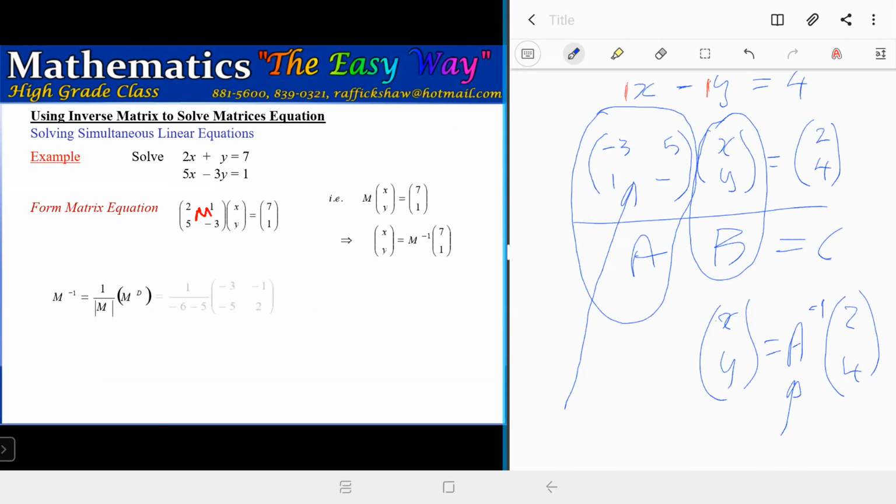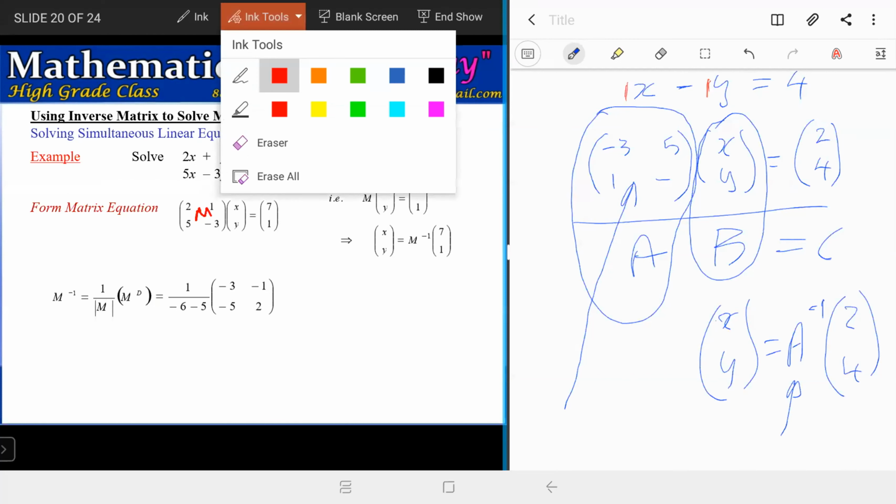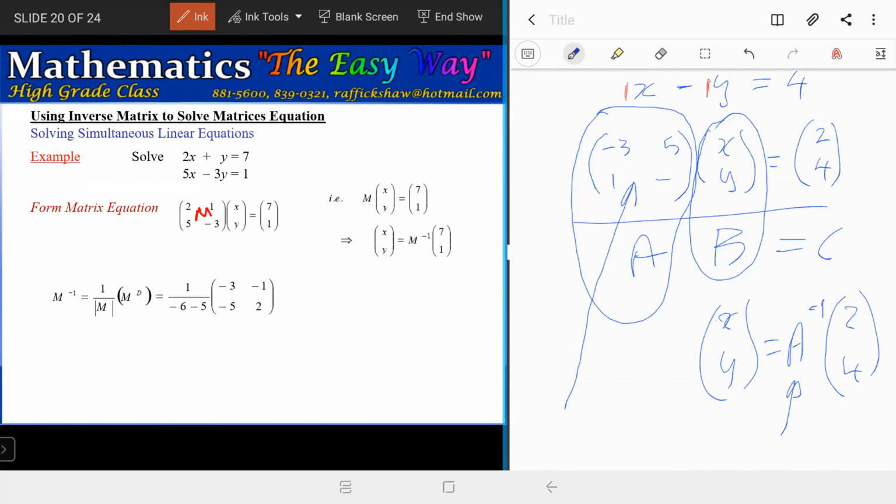So I'm going to calculate it now. 1 over -6 times -5. How do I get that? Leading diagonal minus trailing diagonal. So how do I get the -6? This times this, the leading diagonal product. The 2 times -3 gives me -6.